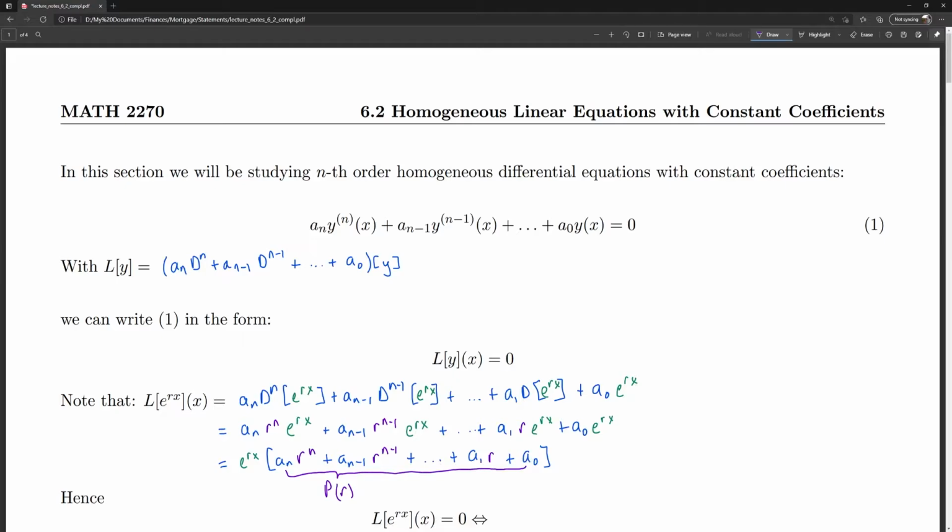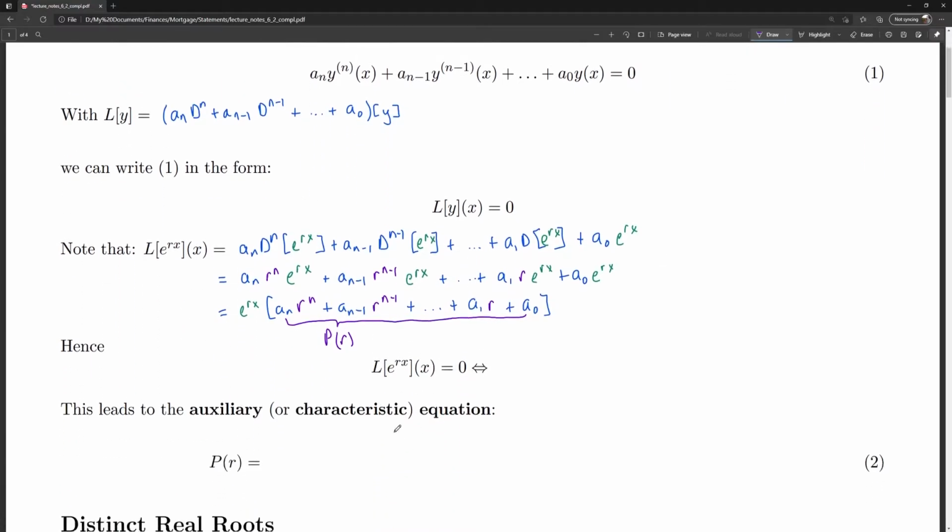Then solving the differential equation here, setting this equal to 0, is equivalent to solving P of r equals 0, because this whole expression is 0 only if this is 0, because e to the power rx can never be 0. So that leads to the auxiliary equation that we've seen in Chapter 4.